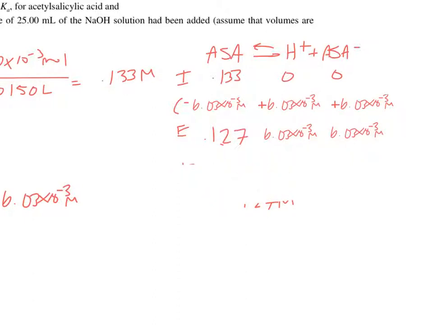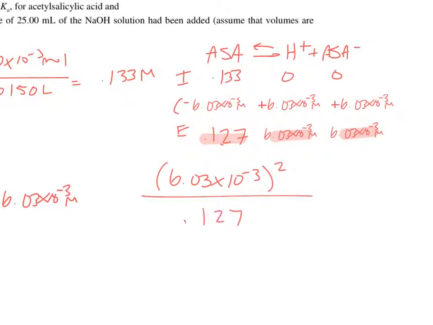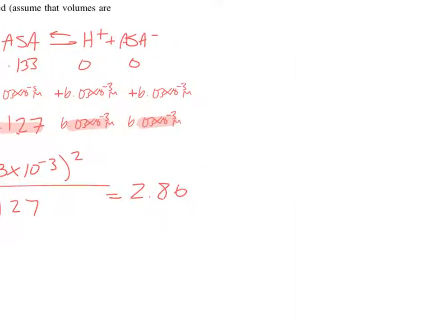Clean this up just so that I've got my equilibrium concentrations of the three substances, and so I calculate Ka. It's 6.03 times 10 to the negative third squared, over 0.127. And Ka will equal 2.86 times 10 to the negative fourth. That's the Ka.